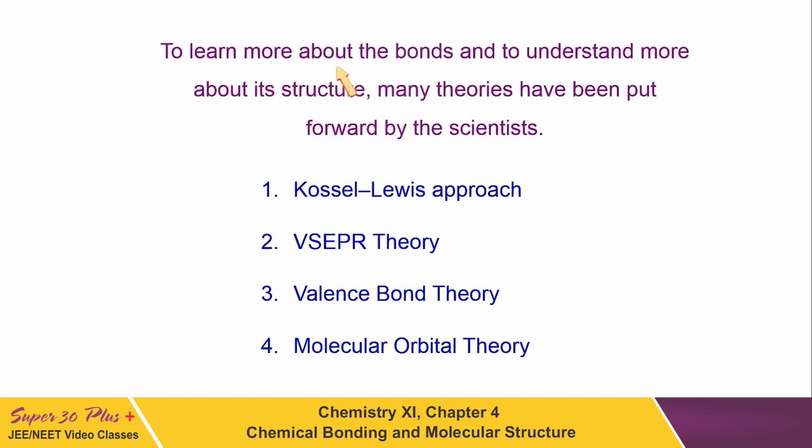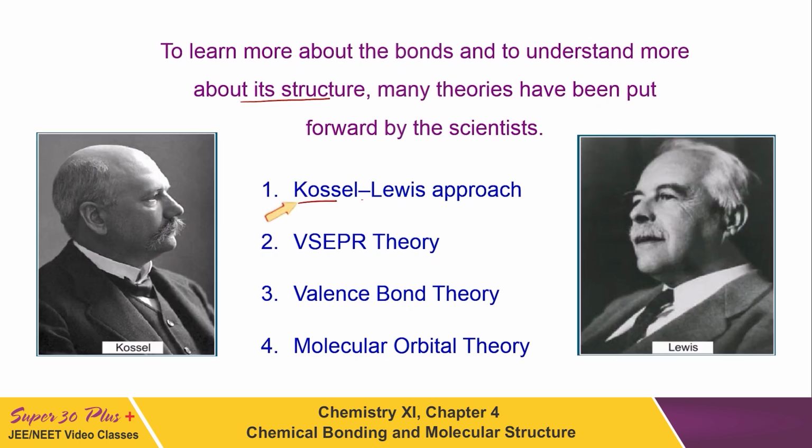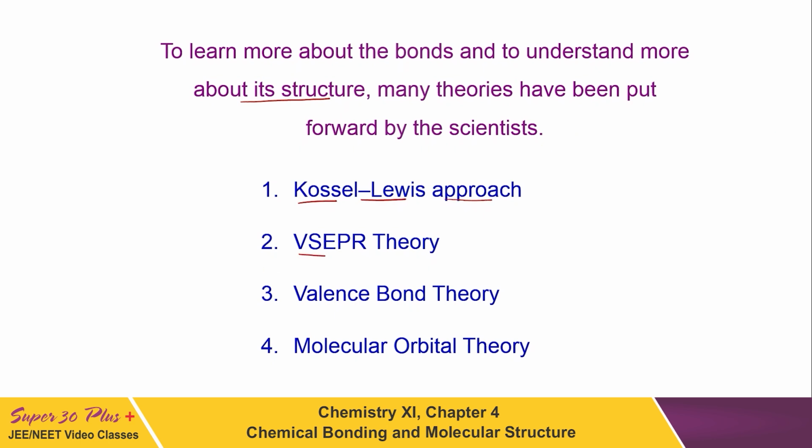To learn about the bond and its formation and to understand more about the structure, many theories have been put forward by different scientists, like the Kossel and Lewis approach towards the atom, VSEPR theory, which is valence shell electron pair repulsion theory, the valence bond theory, VBT, and one more theory which is also used to explain formation of bond, MOT, named molecular orbital theory.